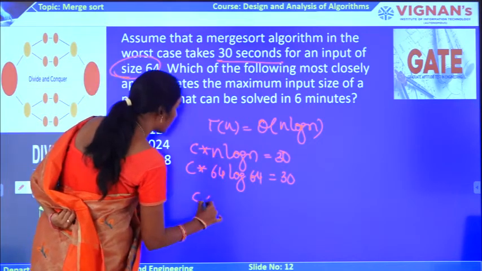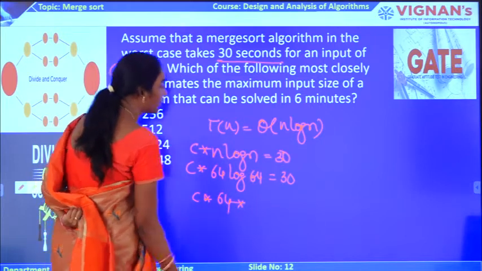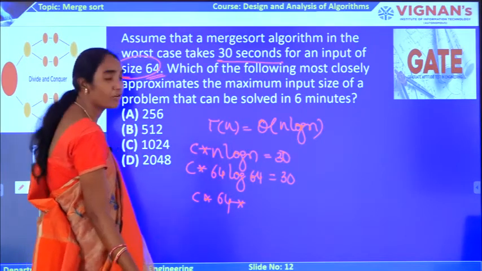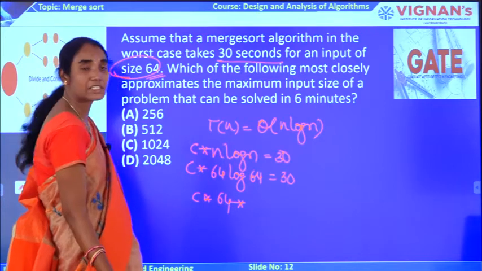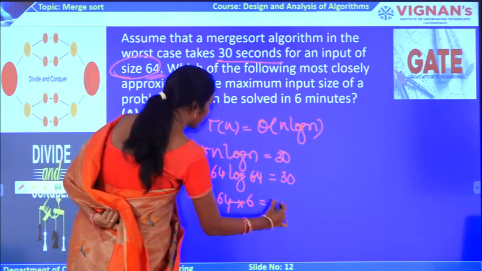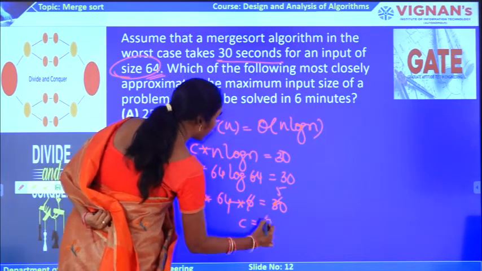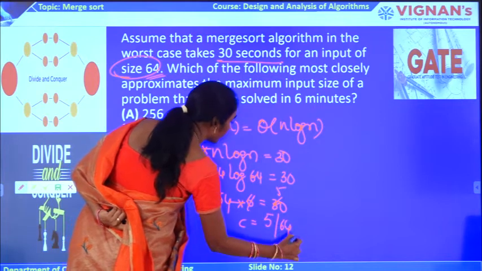So C into 64 into logarithm of 64, and 64 can be written as 2 to the power of 6, so log is 6, equals 30. 6 5s are 30, so the C value will be 5 by 64.